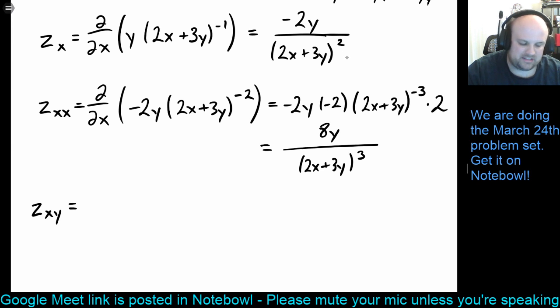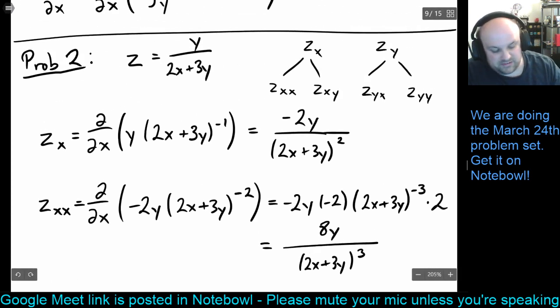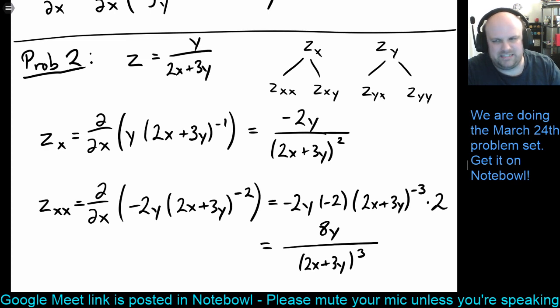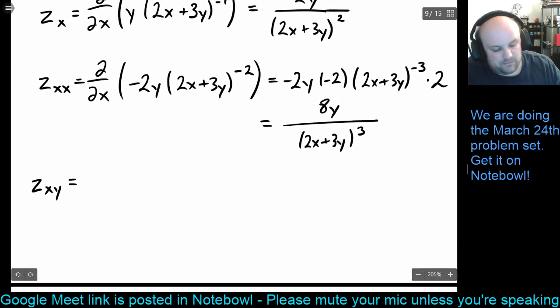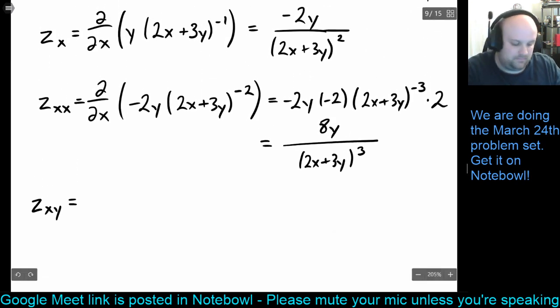But maybe in this case, it'd be nicer to do the quotient rule. It's, again, completely up to you. Here, when we did zxx, we didn't really need a quotient rule. Just like when we found zx, because there's no y in the top, or no x in the top, we didn't really need the quotient rule. But here, it's a good idea to use it.